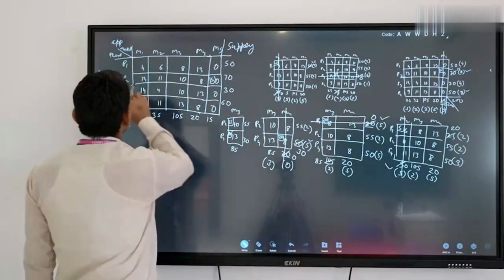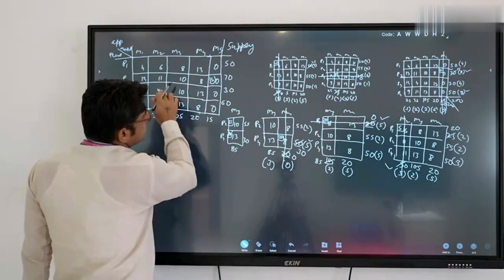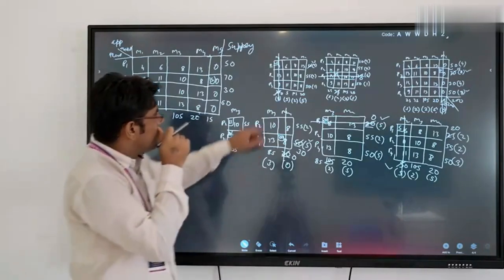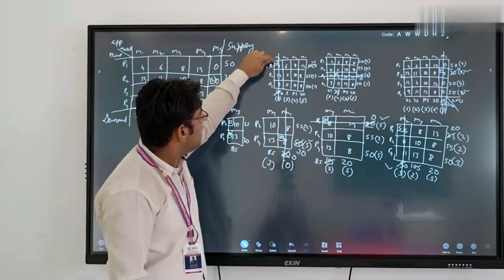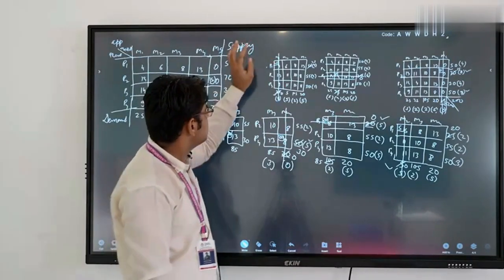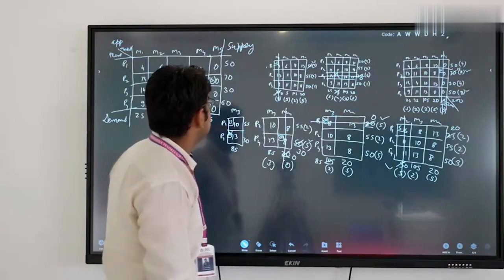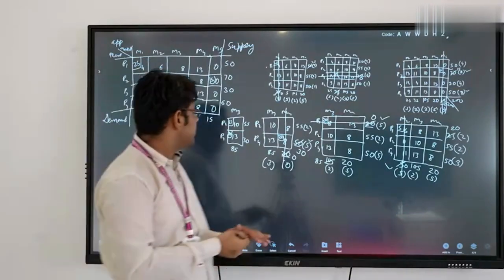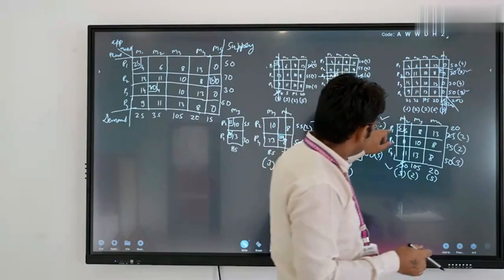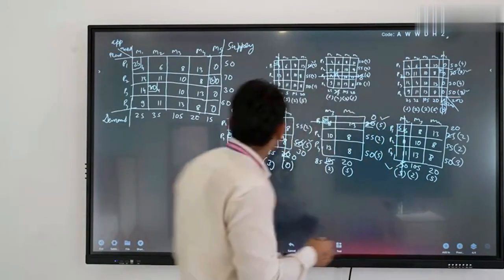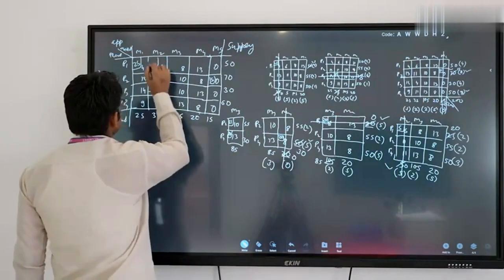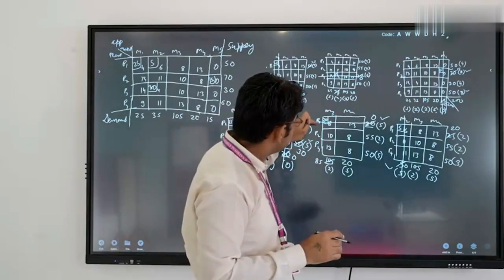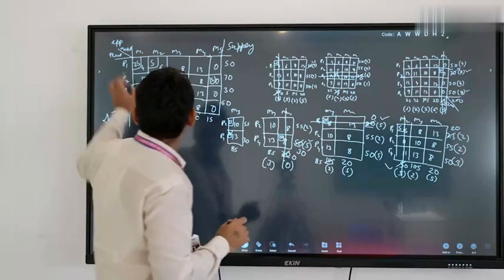P3 M2 is 30, so allocate 30 here. Next is P1 M1, which is 25. Next is P1 M2, 5. Next is P1 M3, 20.